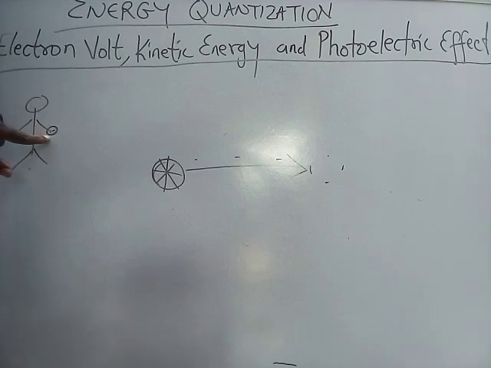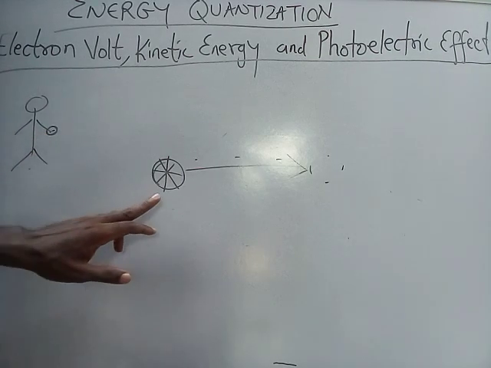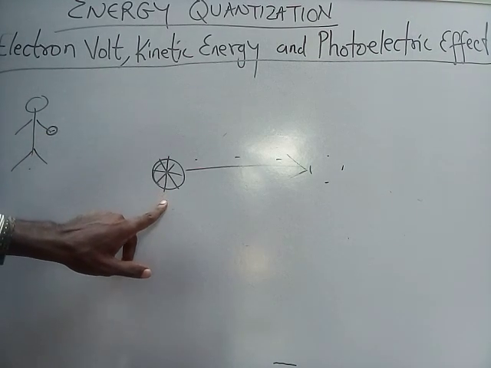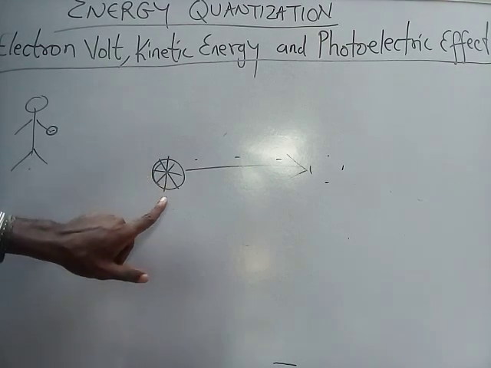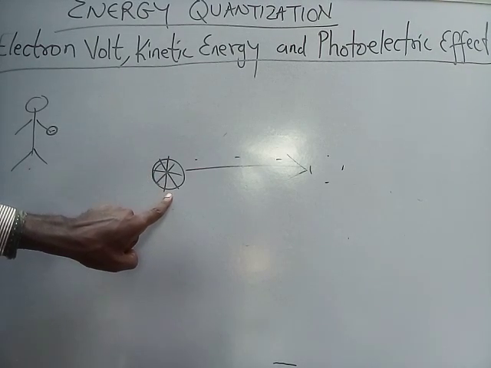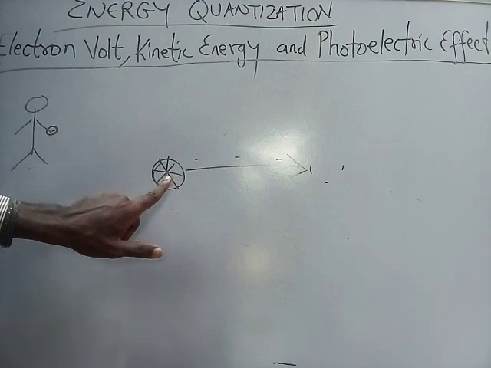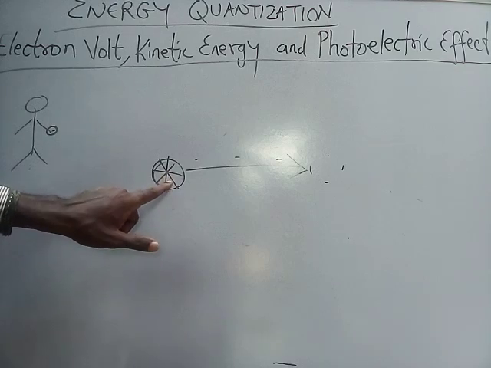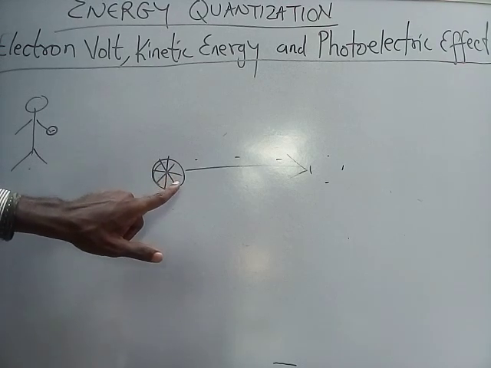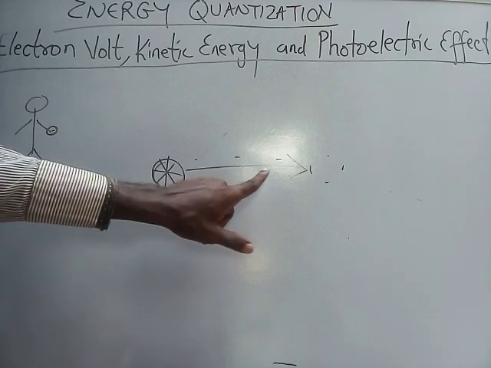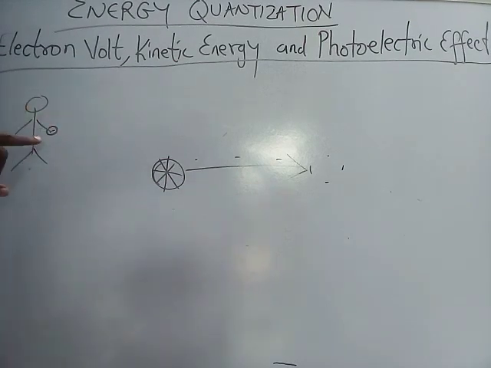The energy he applied to the stone does not just displace the ball, it changed the energy of the ball from potential to kinetic, making it move. So let's assume that the energy he used to hit this ball is E.